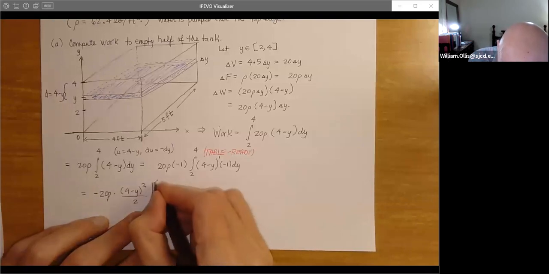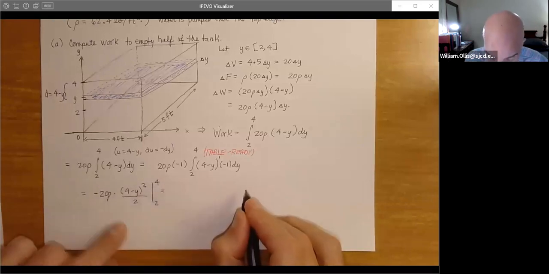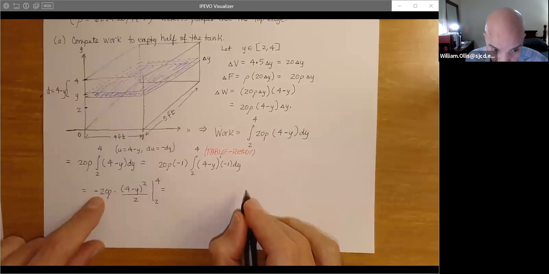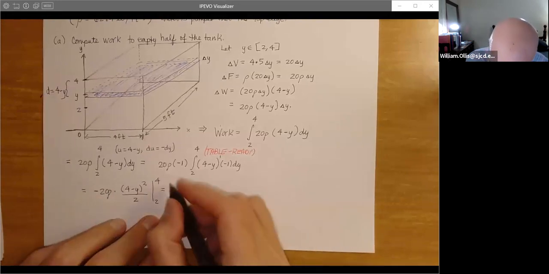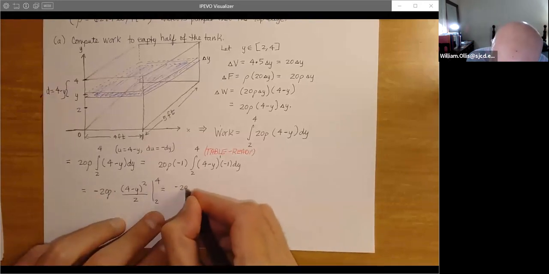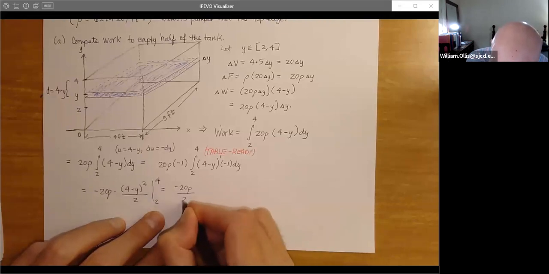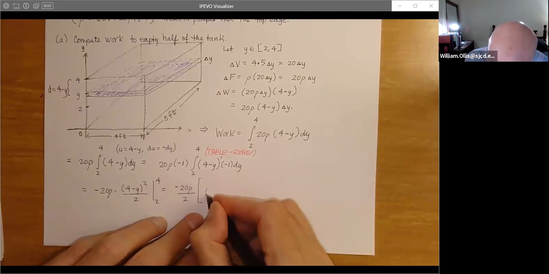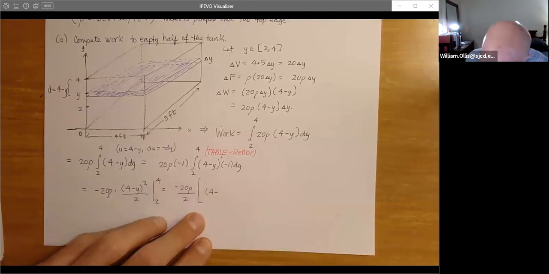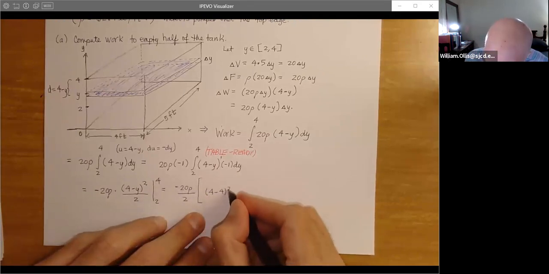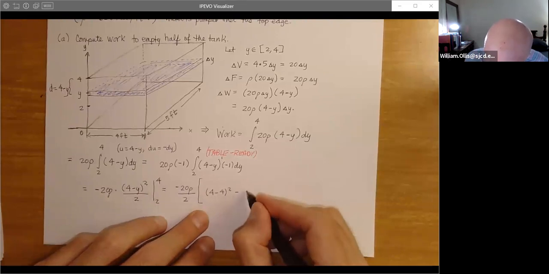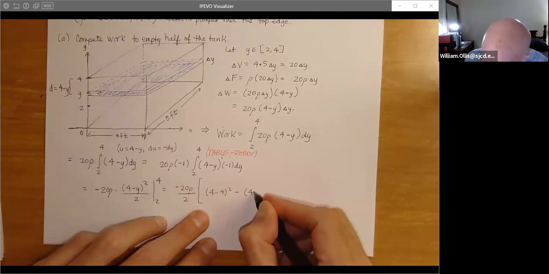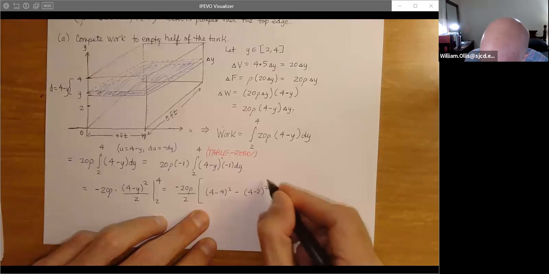Integrate 2 to 4. And now, if you will, we can go ahead and readjust the coefficients. So we have negative 20 rho over 2, and then apply the limits. So we get 4 minus 4 quantity squared minus, and now we have 4 minus 2 quantity squared.